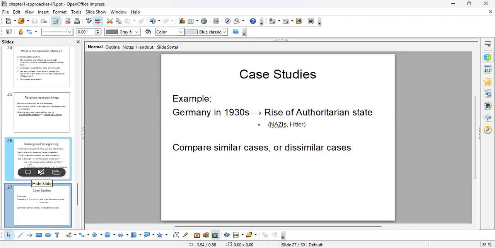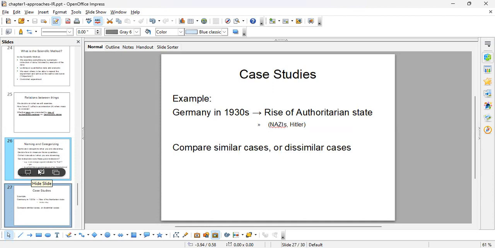One way in this scientific approach is to compare similar cases and see if you can find anything in common. For example, you might choose the case of Germany in the 1930s, and you might consider the case of Germany, say, pre-World War I. You could also look at a very dissimilar kind of situation, such as the Peloponnesian War, which Thucydides examines.